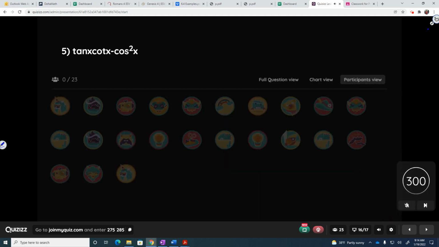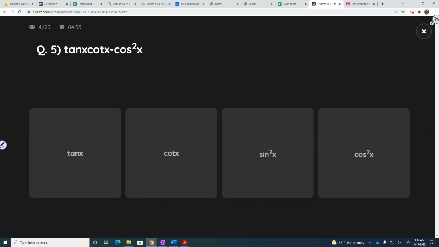Last 2. This one looks hard, but if you just recognize what's going on in the first 2 there, these first 2 end up just canceling.